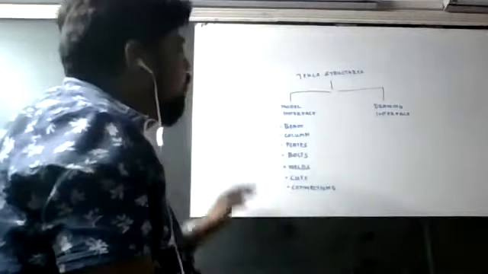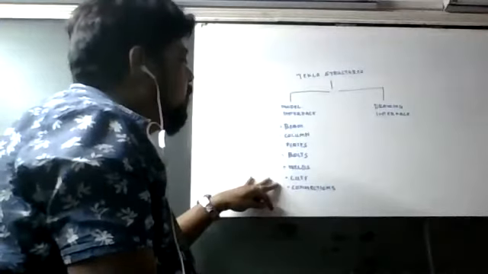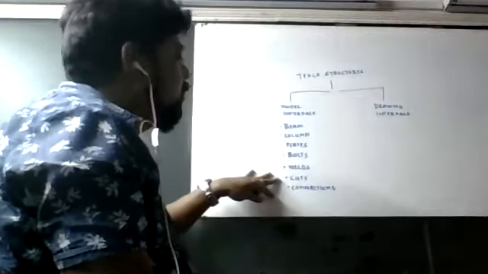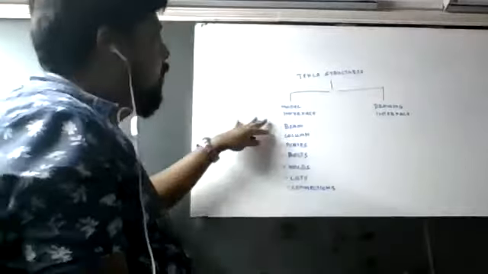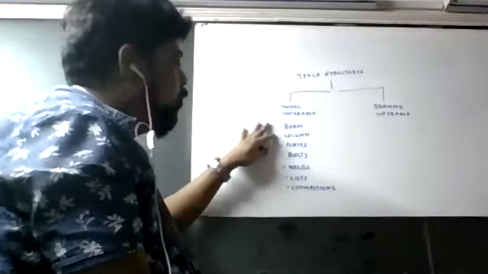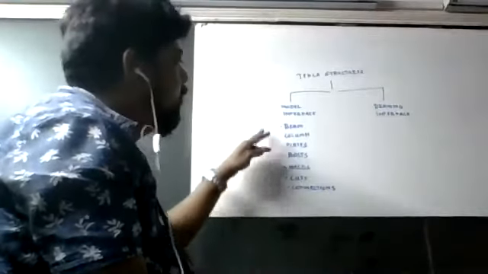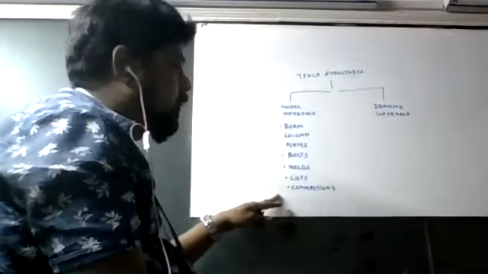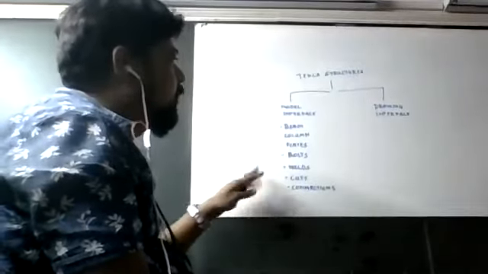So these are the basic types of elements which are available in Tekla Structures, which are used for doing 3D modeling. You can do it with these elements. These are basic elements.